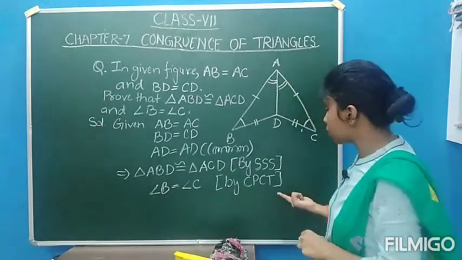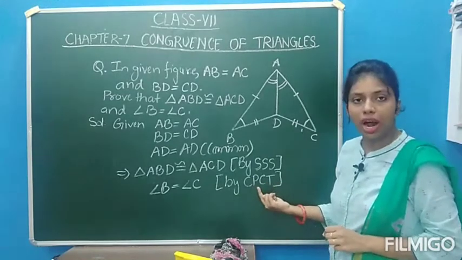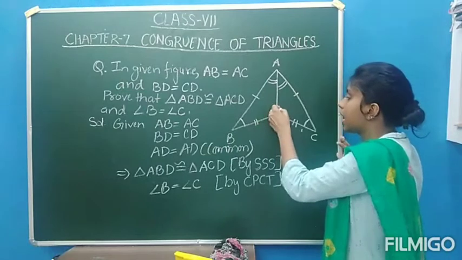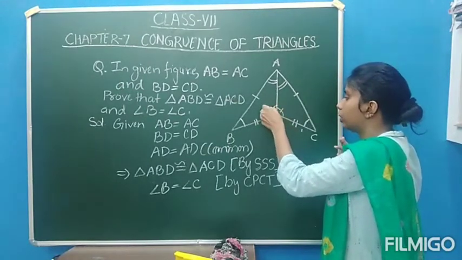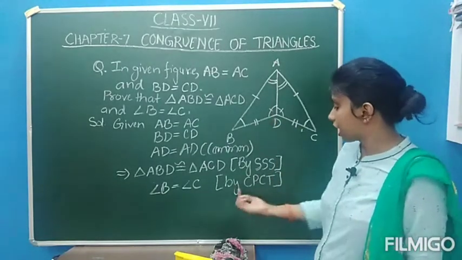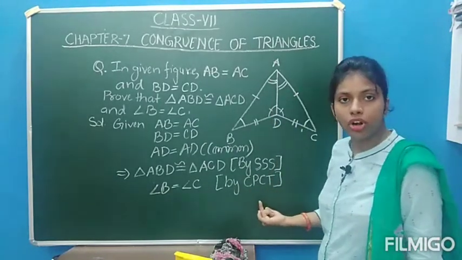Because why? It is also due to corresponding part of congruent triangle. Similarly, we can say that this angle is also equal to the other. Why? Because of the same reason, corresponding part of congruent triangle.